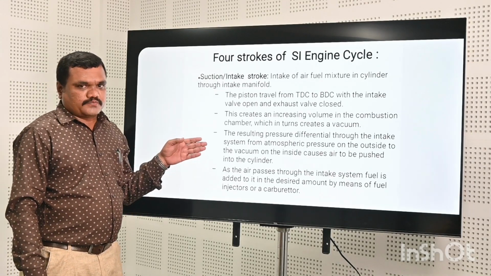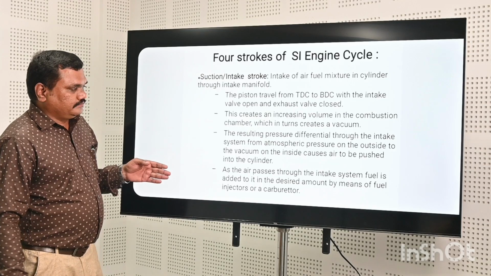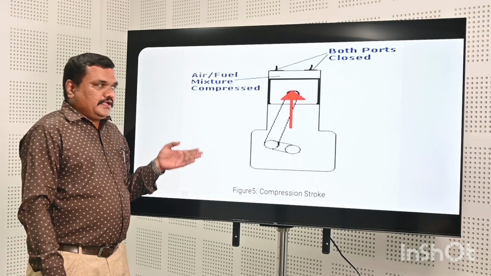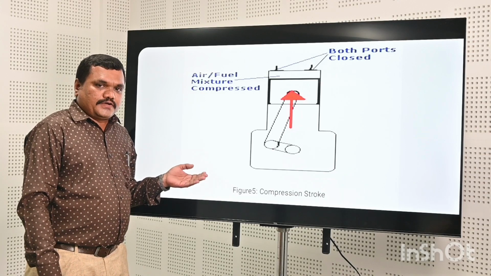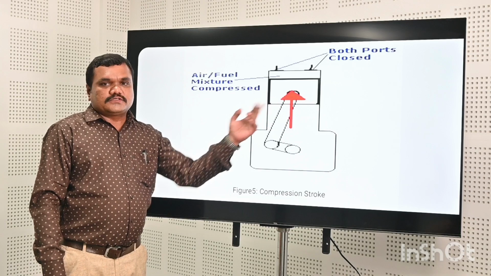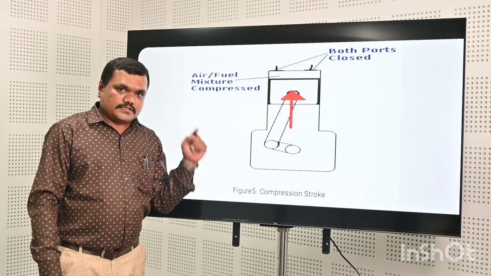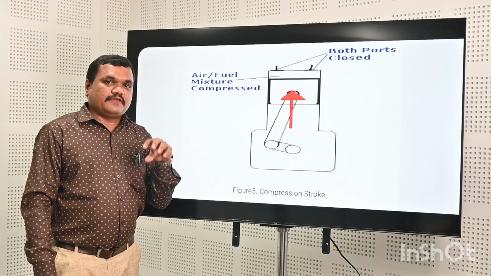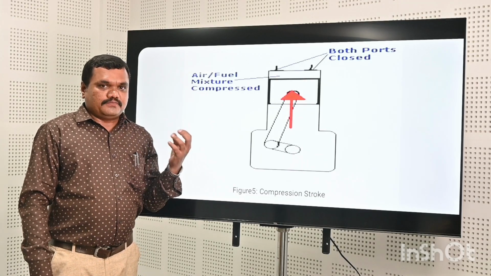The same is explained in the figure. Next, the compression stroke. During the compression stroke, the piston moves from BDC to TDC. During that time, both the valves are closed, that means the inlet valve and the outlet valve are both closed, so that the air fuel mixture cannot escape from the cylinder.